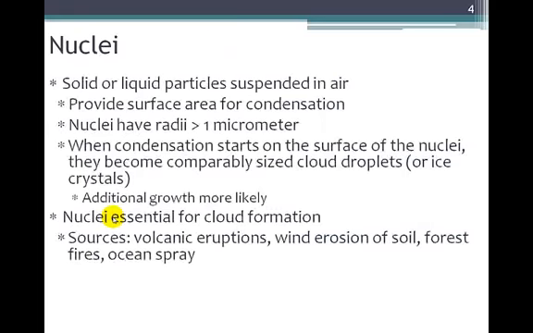So in a lab, things don't always behave the same as they do in the atmosphere. One of the differences a lot of times in the lab is you can create a super clean environment, whereas in the atmosphere we have lots of little bits of debris. We call these nuclei, which is the plural for nucleus, because they form the nucleus of clouds, the condensation droplets that form.